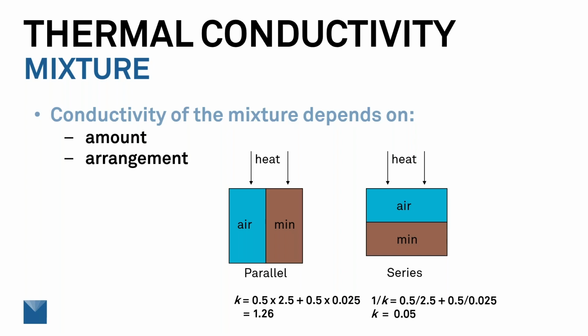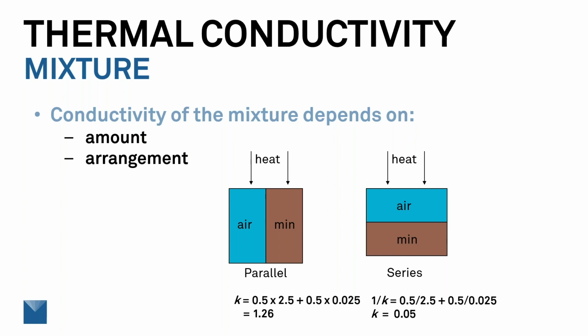And here the air layer determines the amount of heat that can flow, and the conductivity turns out to be about twice the conductivity of air, or about 0.05 watts per meter degree. The temperature gradient is almost all in the air layer.